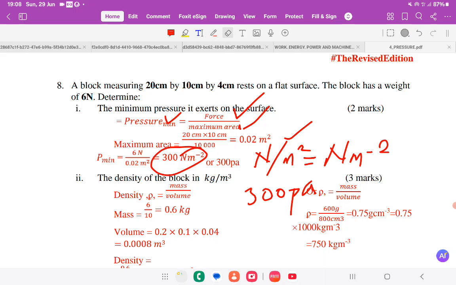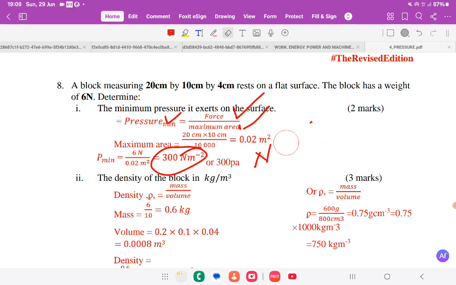Now, next, we are asked to determine the density of the block in kilograms per cubic meter.